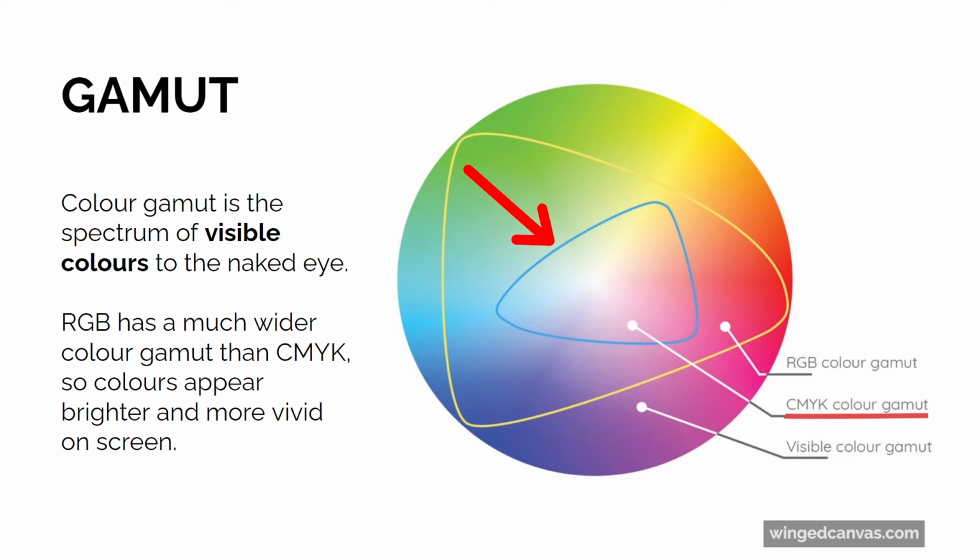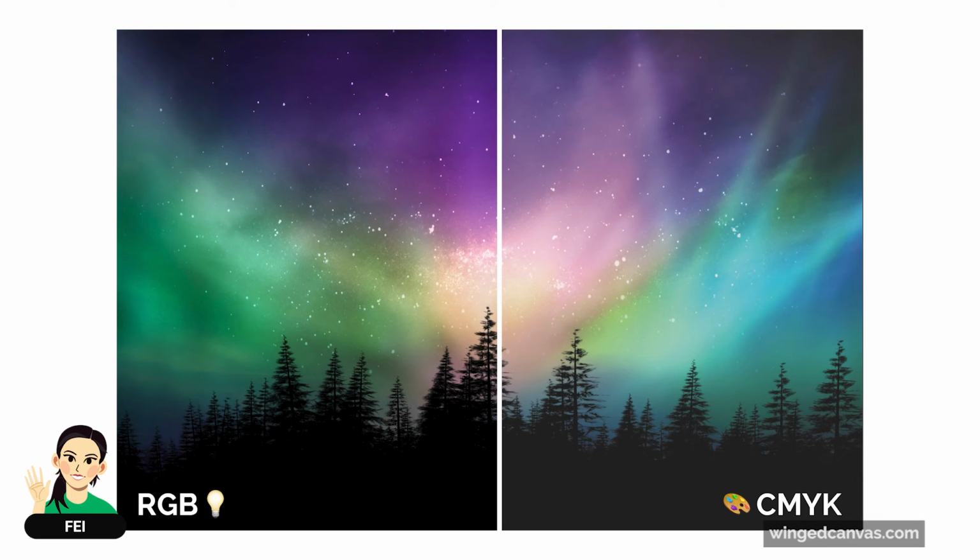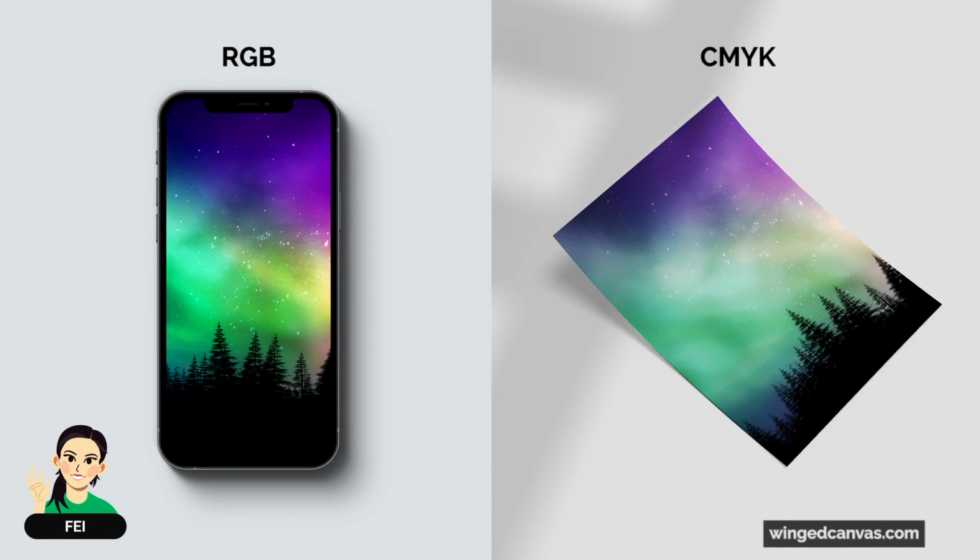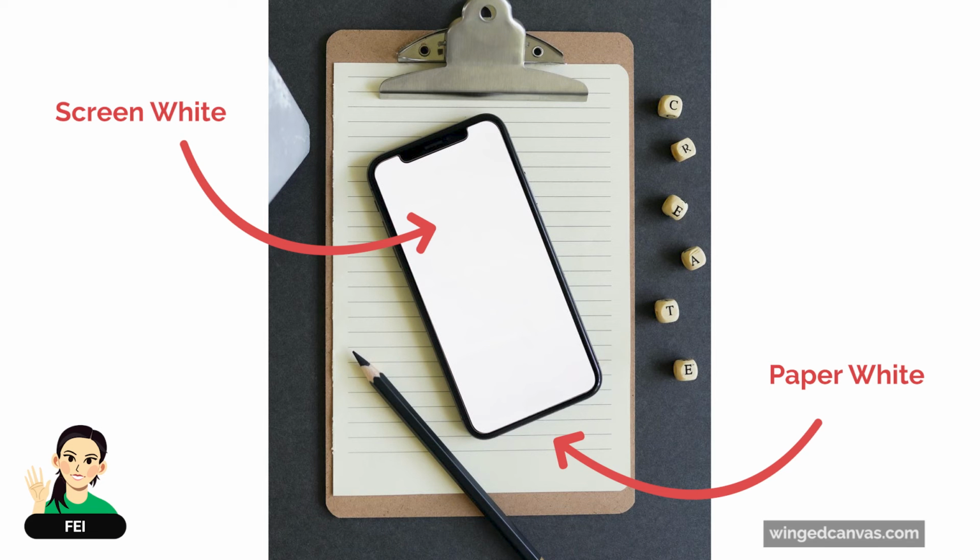What that means is if I have a beautiful image on screen, right, it's additive and I'm seeing a very wide color range, and then I go to print it, the CMYK color gamut is a lot smaller than the RGB color gamut. So if you put a printout of an image next to a screen, you'll notice that the printout is a lot duller, right? There's just no way you can print white as brightly as on screen.